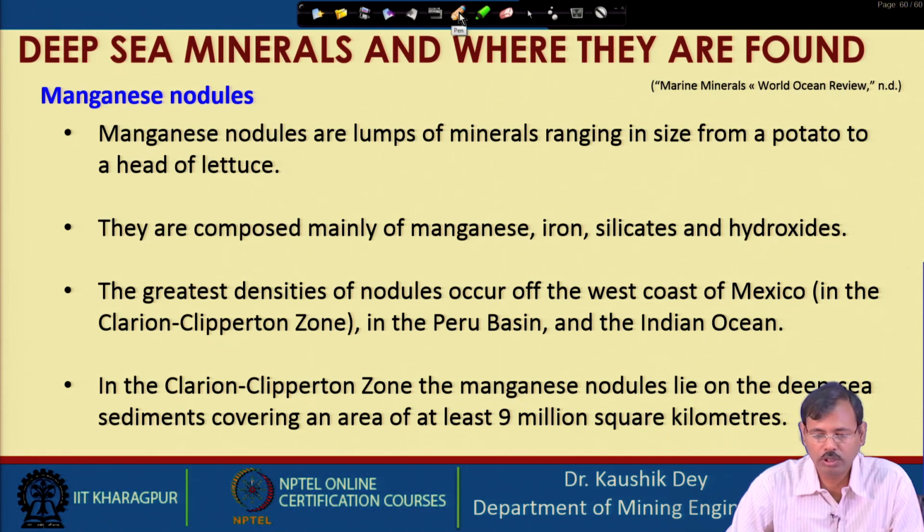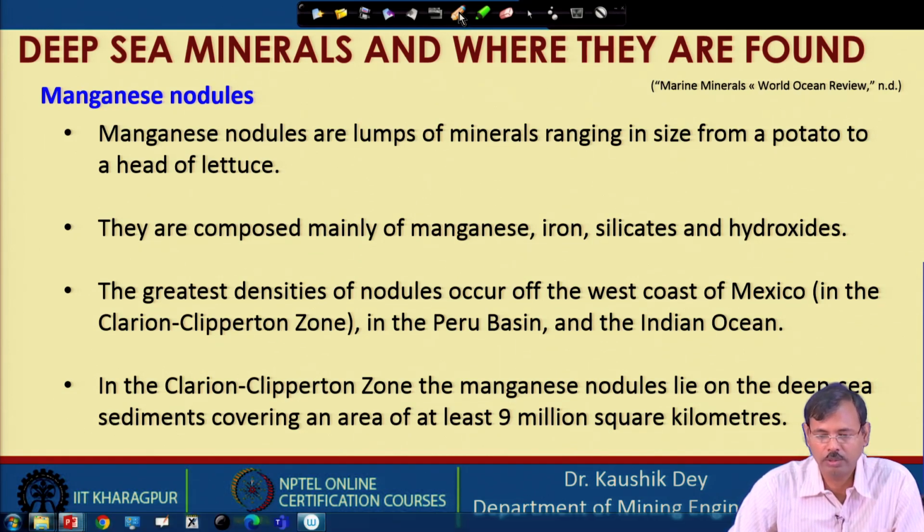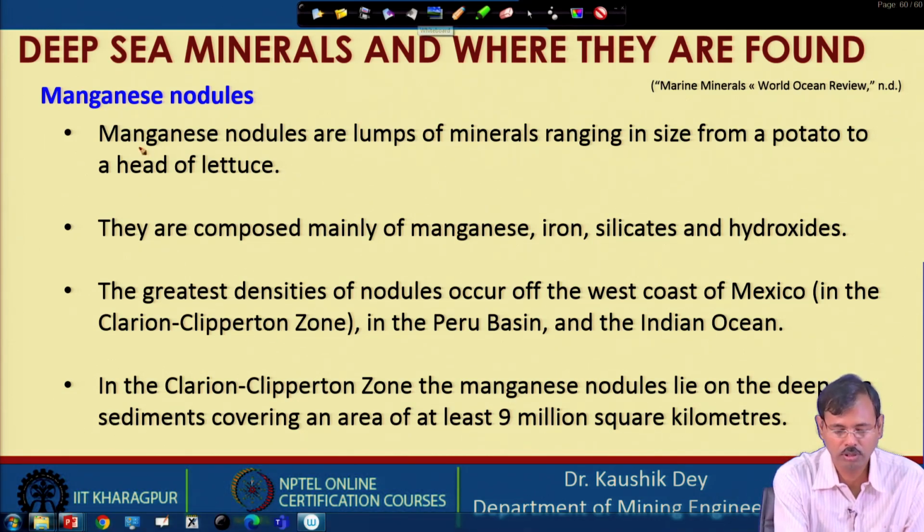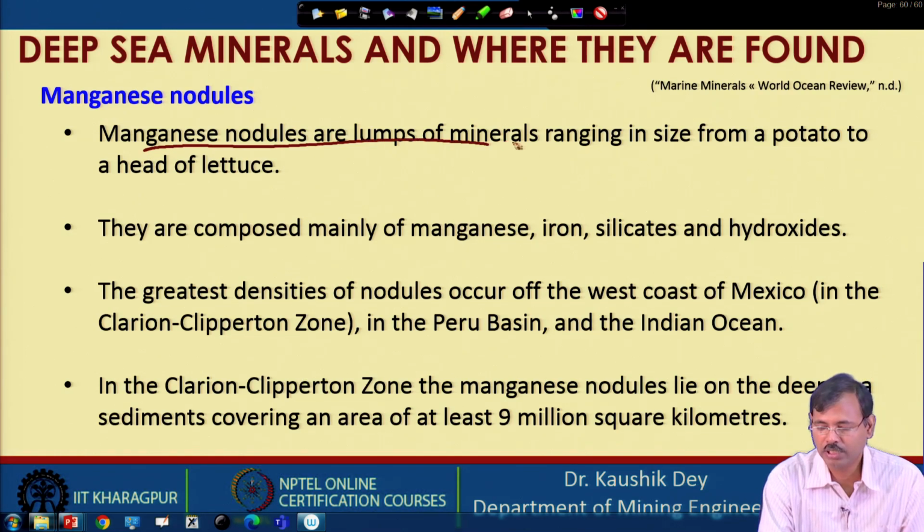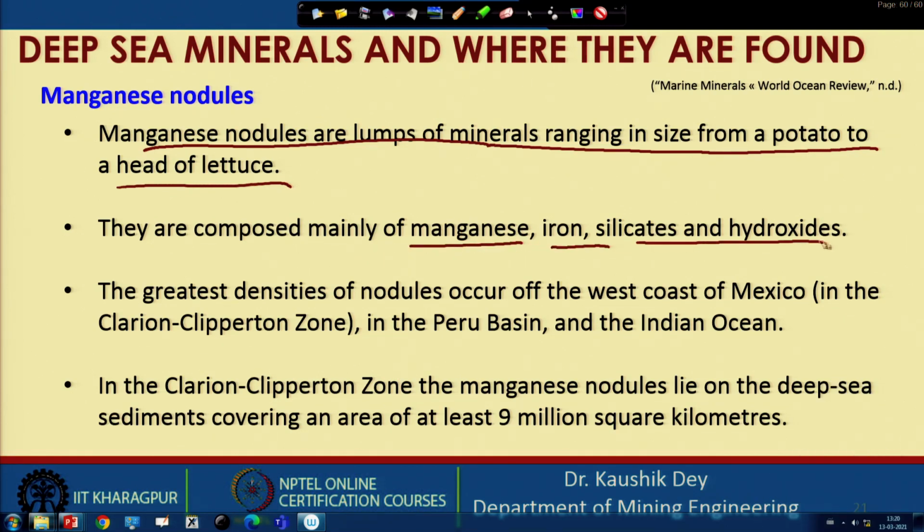Now, let us look into the different deposits. Manganese nodules are lumps of mineral ranging in size from a potato to the head of a lettuce. These are basically composed of manganese, iron, silicates and hydroxides, and these are available in the Indian Ocean.